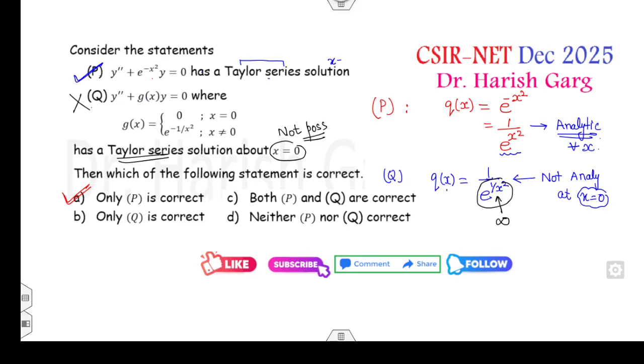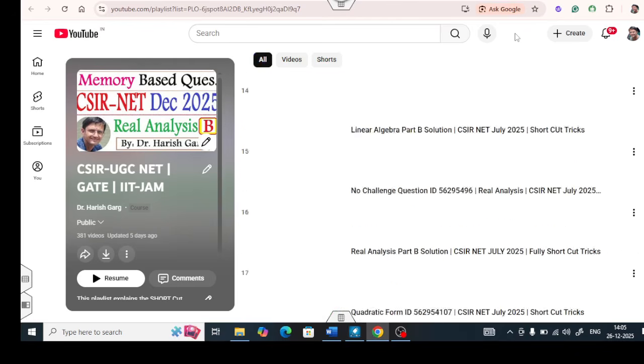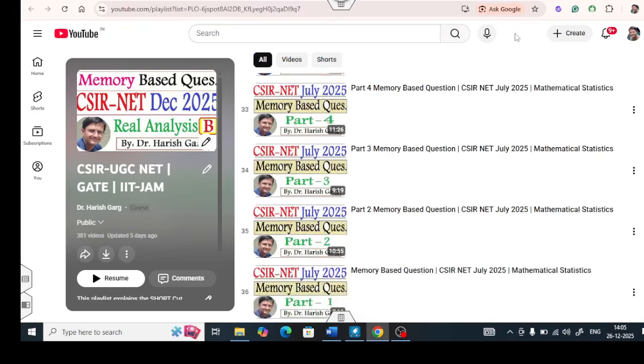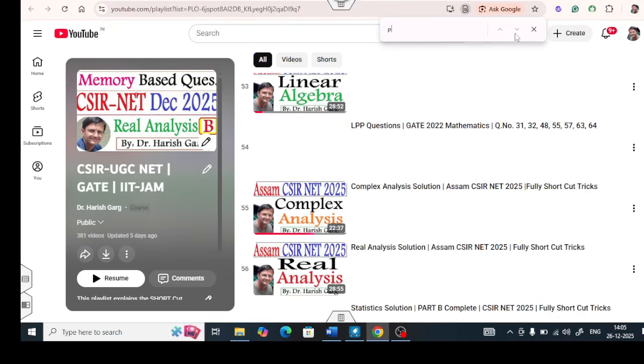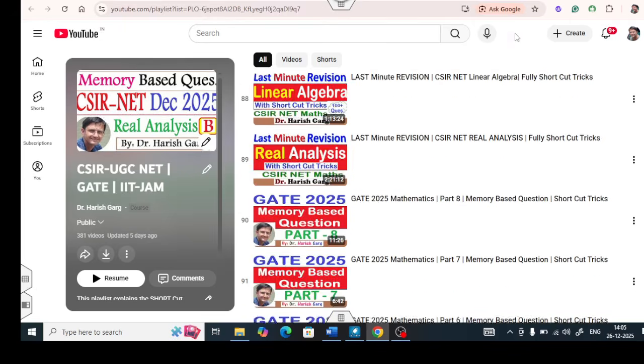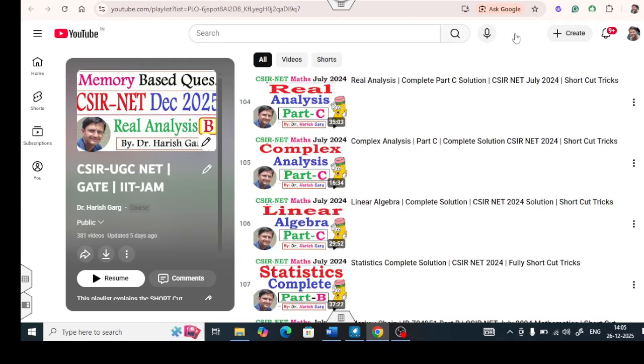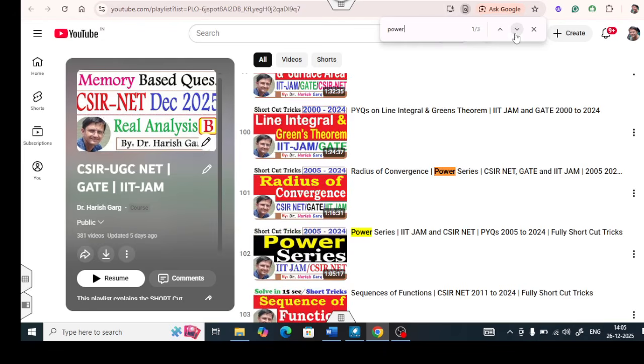आप more details के लिए, you can see the playlist CSIR UGC NET, और इस playlist के अंदर आप power series solution को ढूंढिए. If I look at the power series solution of the ordinary differential equation, let me scroll down for you. You can see the radius of convergence. Now you can see the power series solution, IIT JAM and CSIR NET question solution.